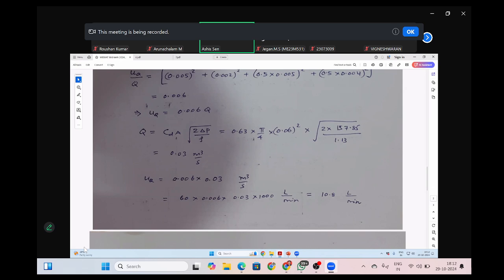Which can also be written as liter per minute. 1 meter cube is 1000 liters, so you multiply by 1000. And when you go from seconds to minutes, you multiply by 60. If you do the calculation, this will come out to be 10.8 liter per minute. So that means your uncertainty in the flow rate will be 10.8 liter per minute.